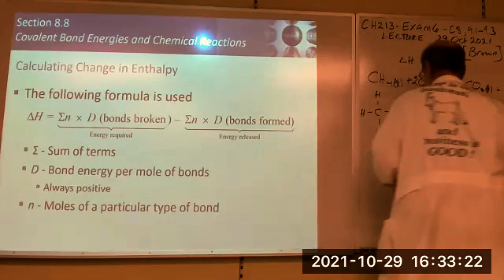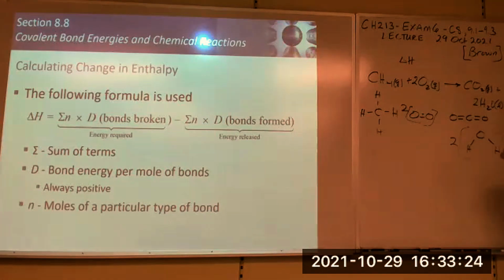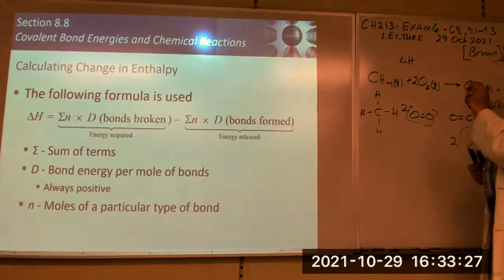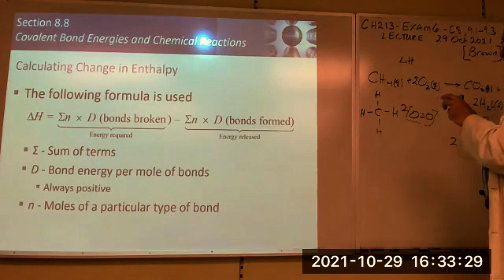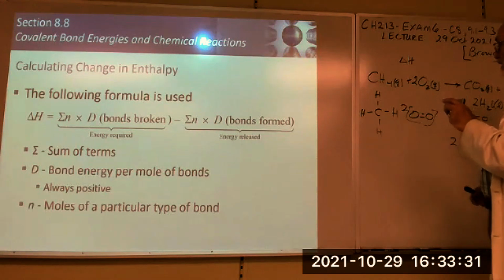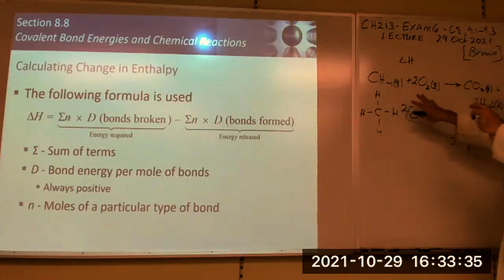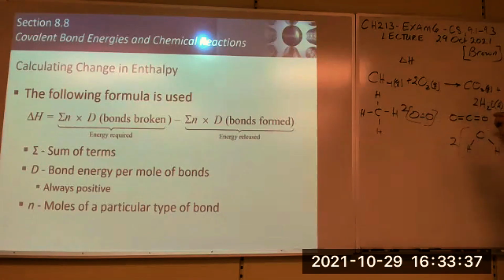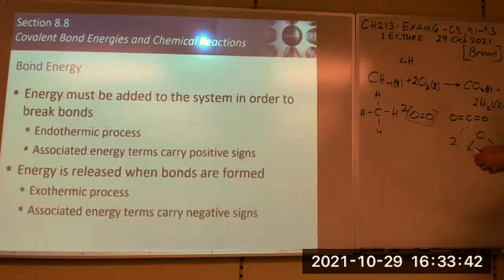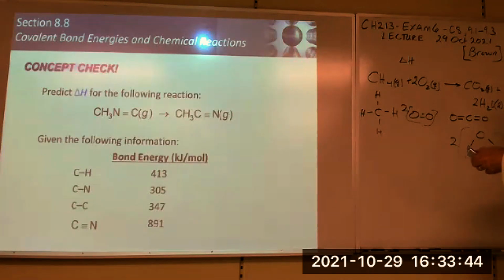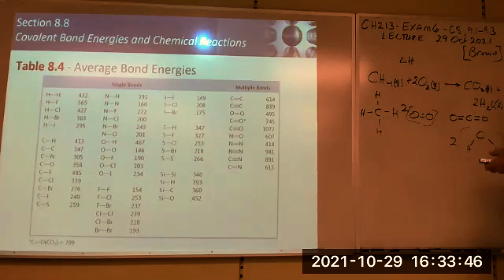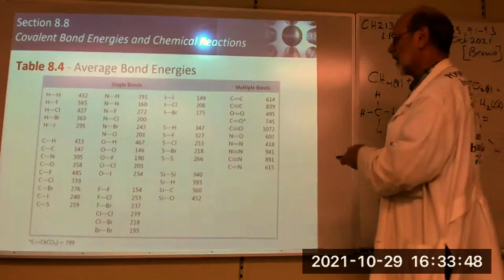So what you can do is, this formula tells you that you take the energy required to break the bonds broken, so that's this group right here, and then you subtract the energy of the bonds that are formed, this group over here. So we look at that chart. Here we go. Right, carbon, hydrogen. Where's that one?